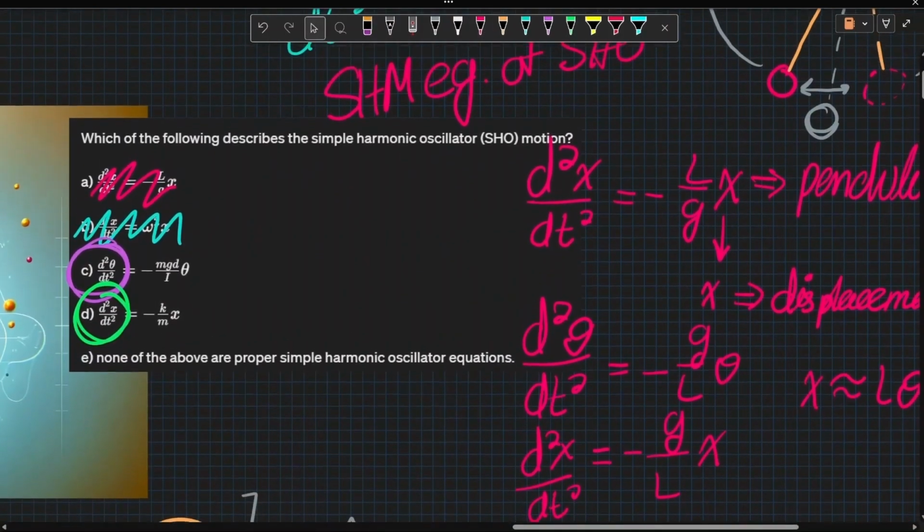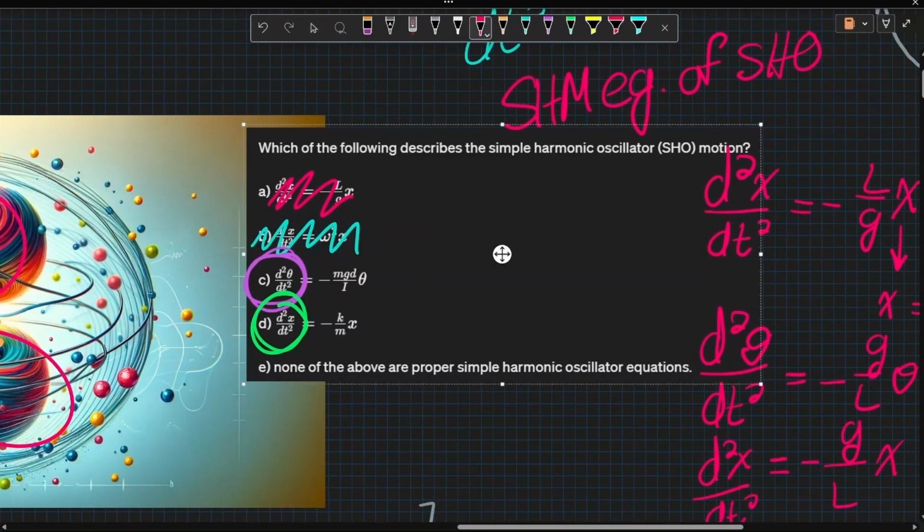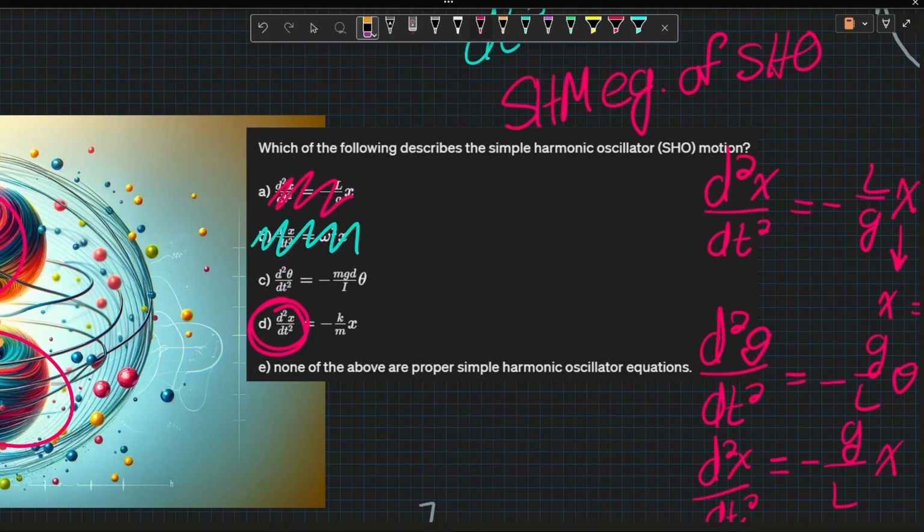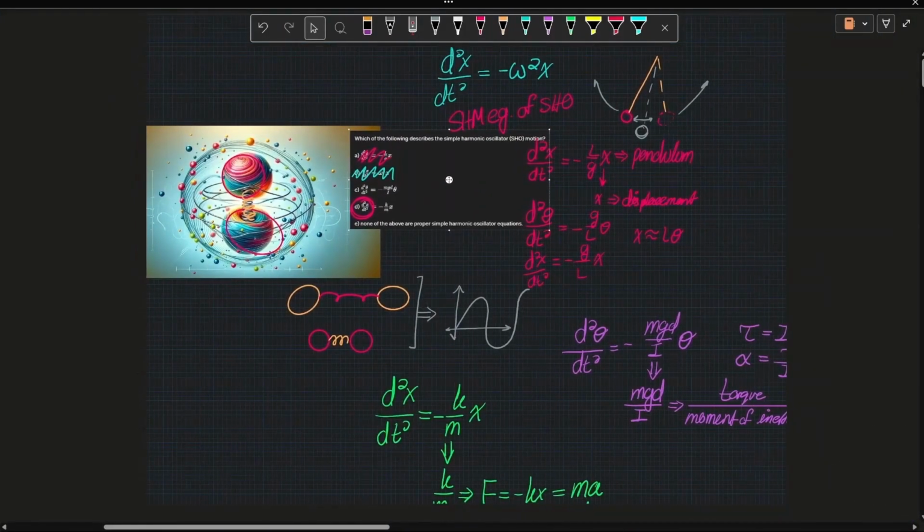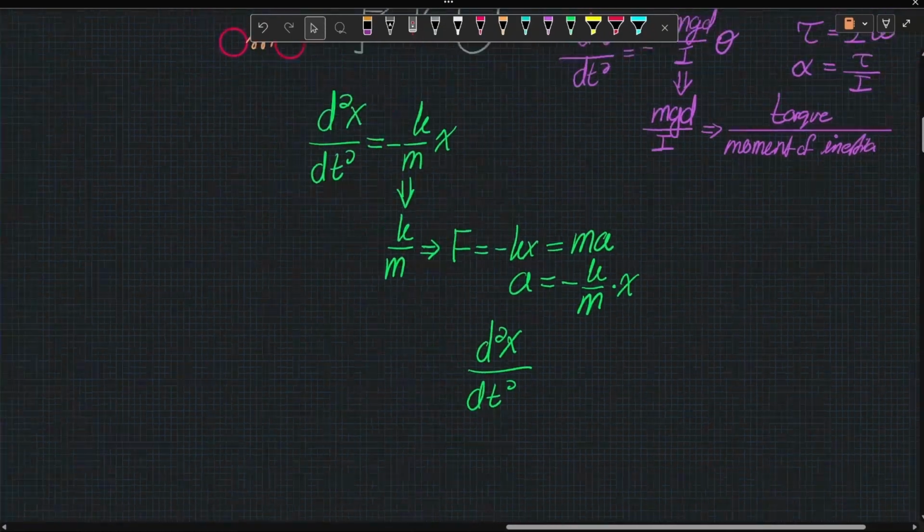Thus, in terms of options C and D, the best option would be D, because C would require us to know how the system is set up. Though it might be true that torque over moment of inertia is the simple harmonic oscillator equation, we don't have the specific system. Thus, D is universally correct because we were able to perfectly get the equation. Hopefully that helps.